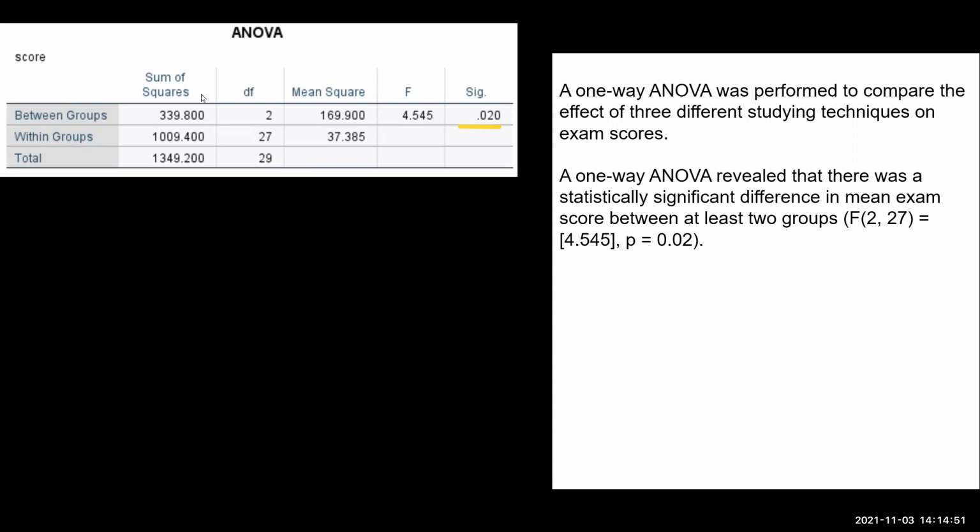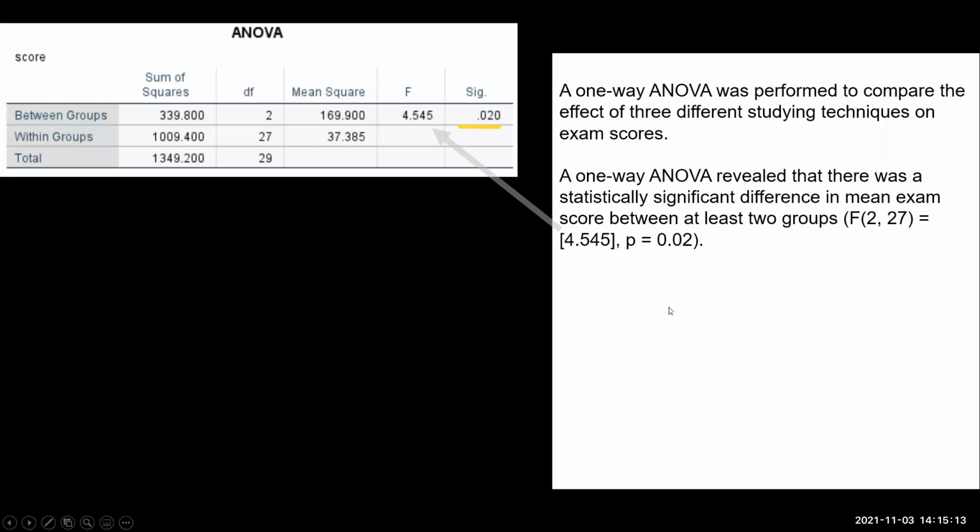And there were 3 groups, so the degree of freedom is 2, which is 3 groups minus 1. So those are the numbers you report after the letter F. And then the actual F value from your statistical output, and then the p-value, which is 0.02.